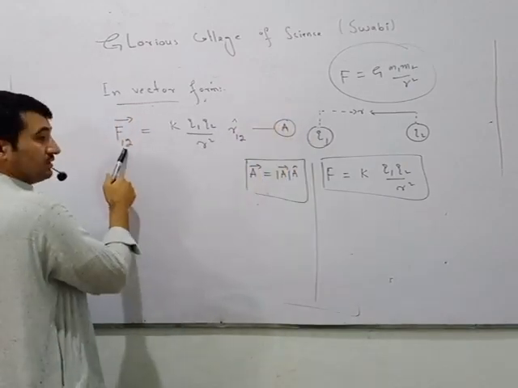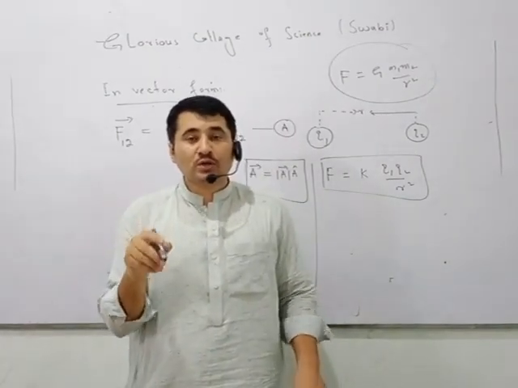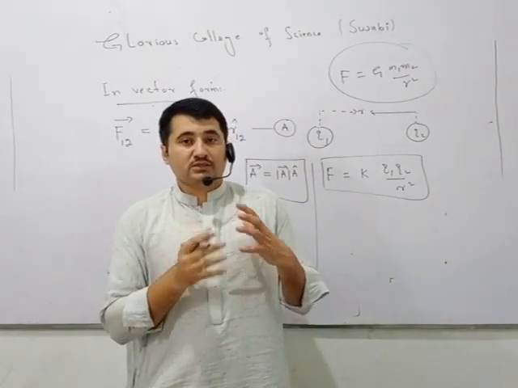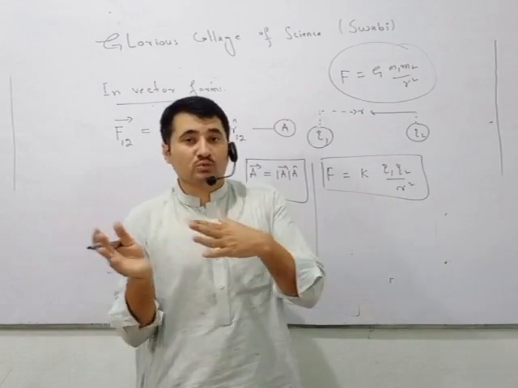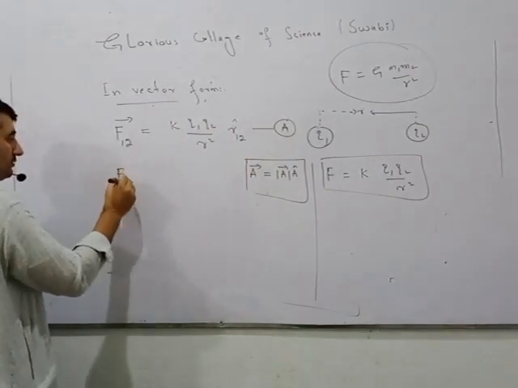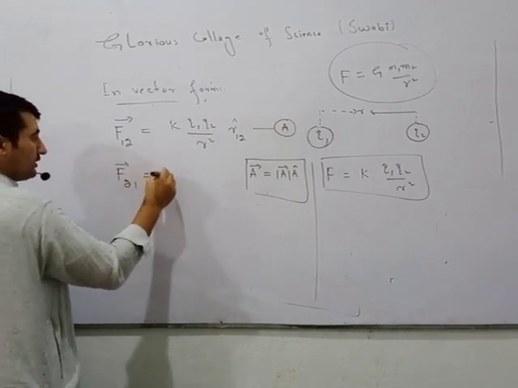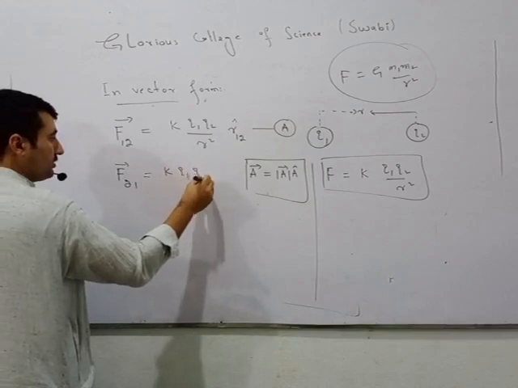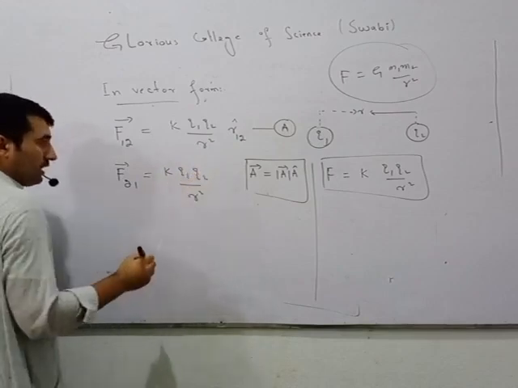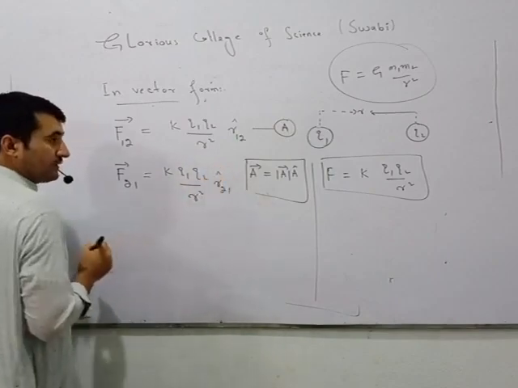Similarly, F12 is the force exerted on charge Q1 due to Q2. Similarly, a force is exerted on charge Q2 due to Q1. So the next thing is F21. This is another force on charge Q2 that can be written as K Q1 Q2 divided by R square into R21 unit vector.